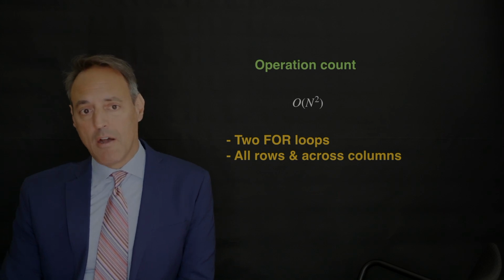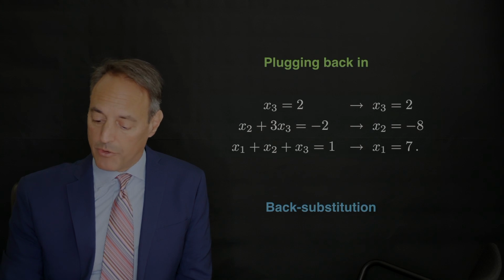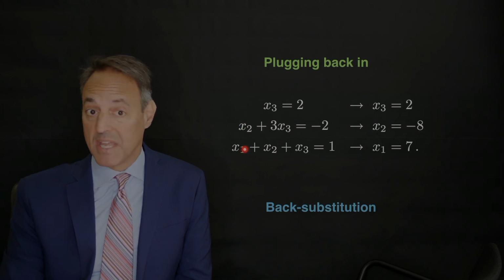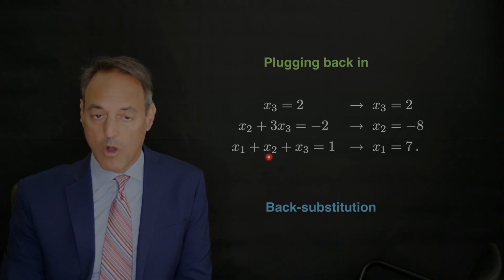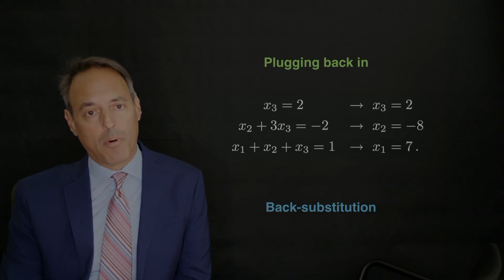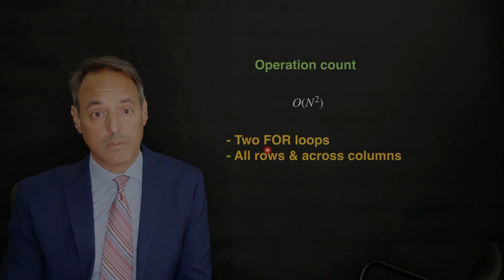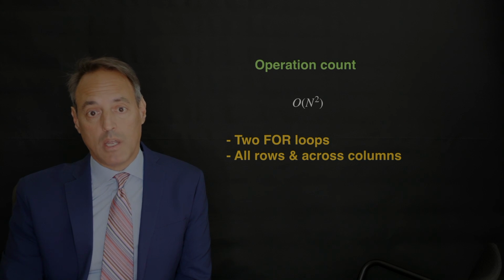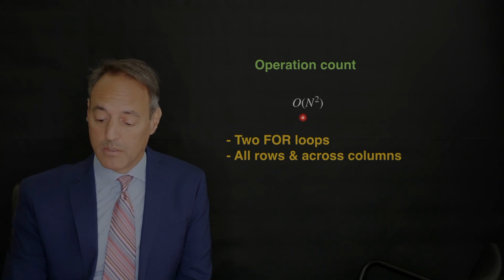What's the operation count for the back substitution? Well, what we have to do when we look through this, we have to walk through every single row, and there's n of them. And then notice even here, I have to walk through all the columns, n of them. Okay? This is, again, a ballpark operational count. And so you have 2 for loops, one to go through all the rows, one to go all the columns. And so that scales like order n squared. Okay?